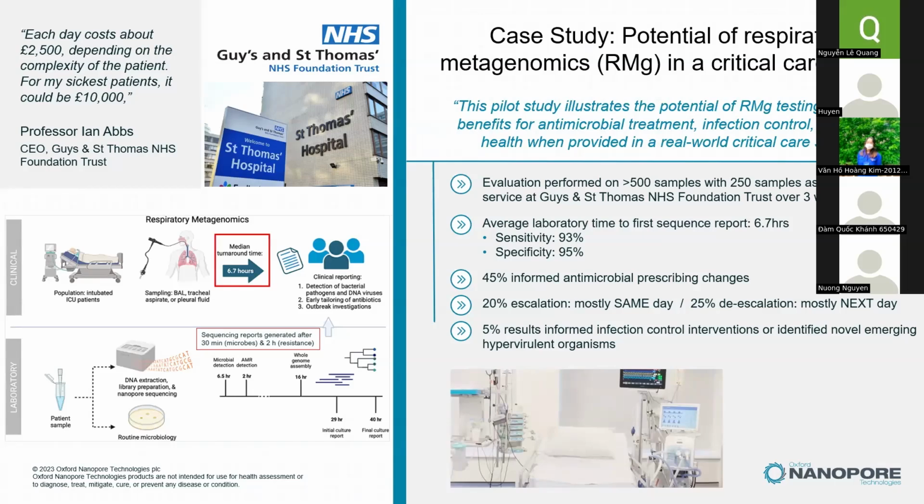Okay. The next question is about what sample preparation considerations are essential for detecting AMR genes effectively with nanopore sequencing, especially in a complex microbiome.